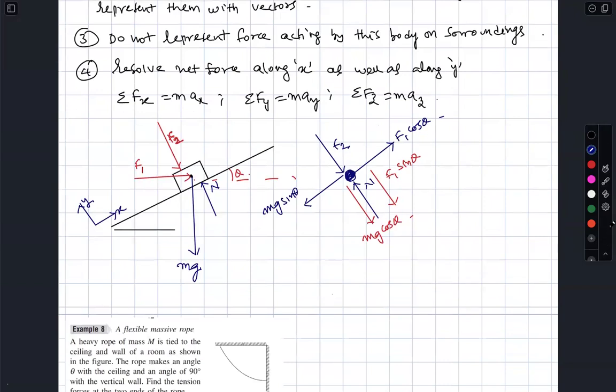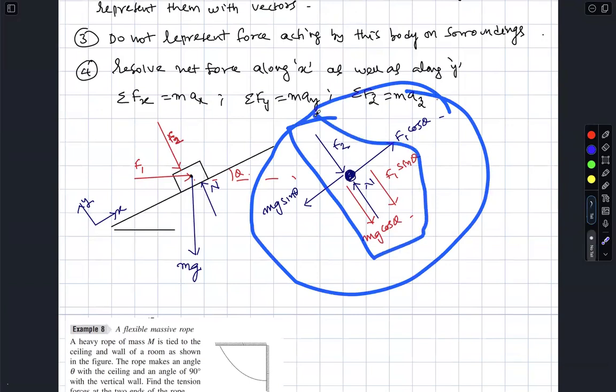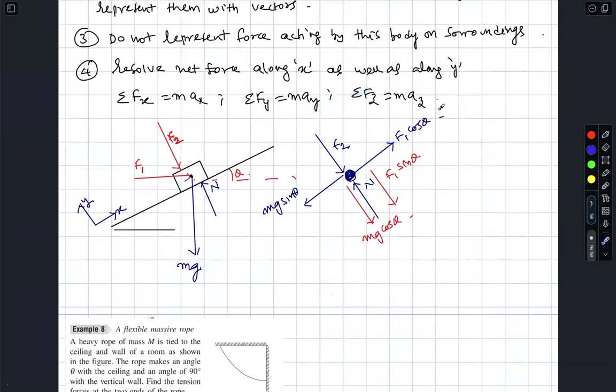Everyone in the class, please be honest. I have represented all the components of y and all the components of x. Fortunately, it is in contact. If it is in contact, acceleration is 0. So therefore, sigma Fy is 0, because it is in contact.